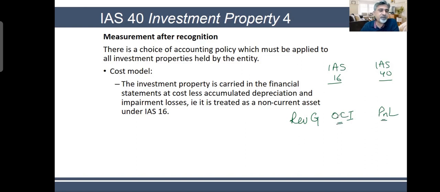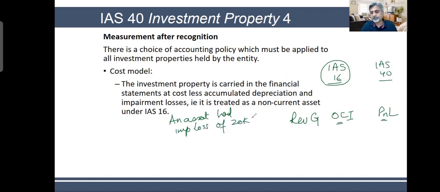Yes, like I explained before, if you had any impairment loss in the past, then first you recover that loss. I explained that in IAS 16. Let's suppose this asset had an impairment loss, meaning a decrease in value of 20K, in year 2019.